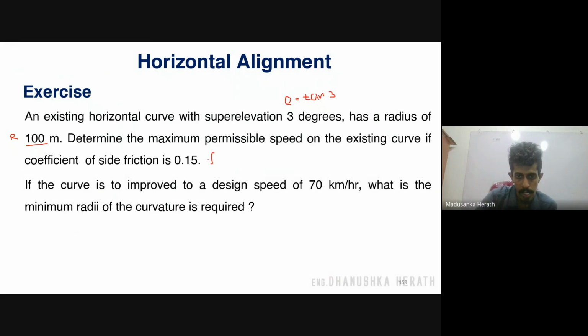F is 0.15. Then they are asking the value of V. Then, if the curve is improved to a design speed of 70 kilometers per hour, what is the minimum radius of curvature required? Here they have given the V value and they are asking the R value. The new thing is super elevation is 3 degrees, meaning we have to substitute E equals tan 3.